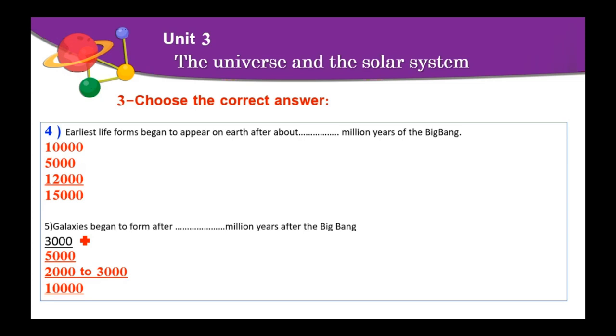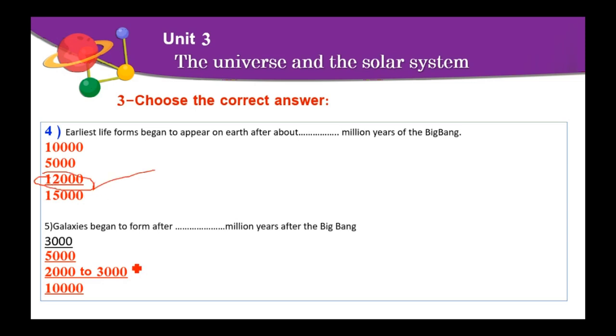Is it 10,000, 5,000, 12,000, or 15,000 years? The correct answer for the earliest life is 12,000 million years ago.